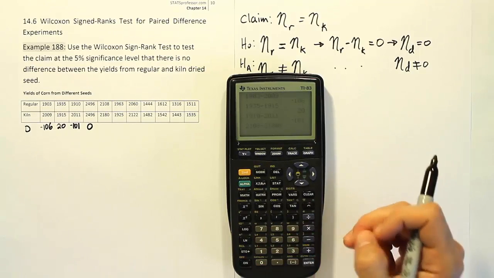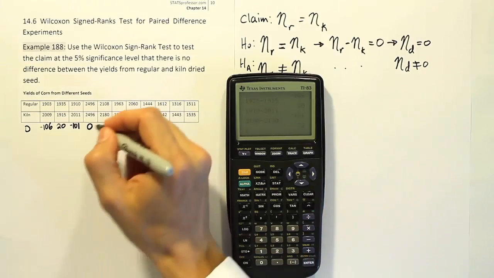So 2108 minus 2180 ends up giving us negative 72.